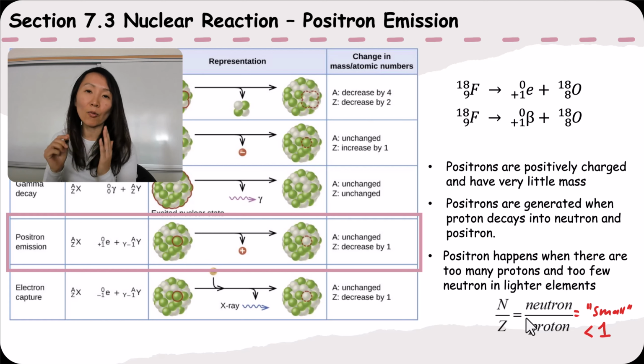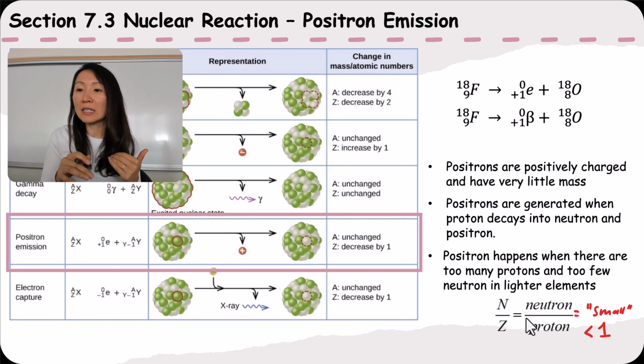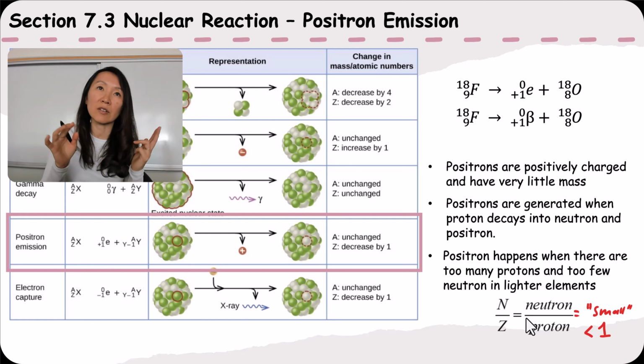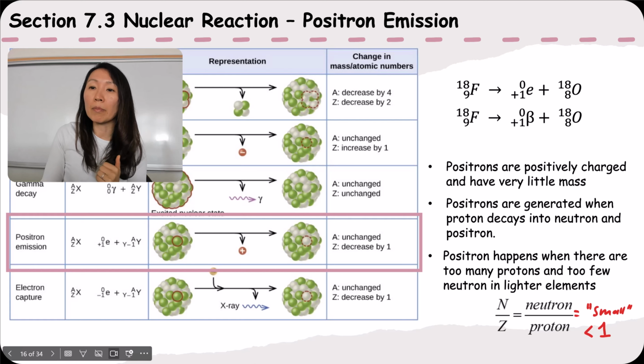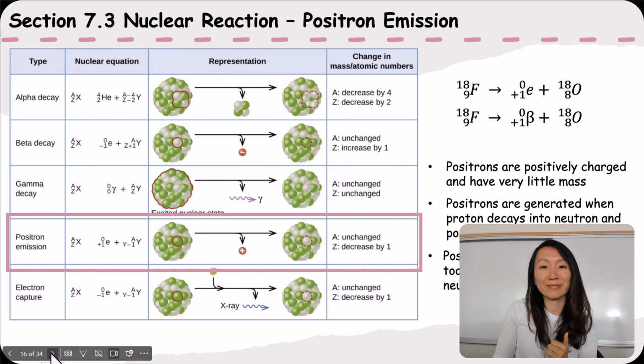Less than 1 is what you're going to see in this ratio. So when there is a ratio less than 1, or relatively small, you might see that atom going into positron emission.